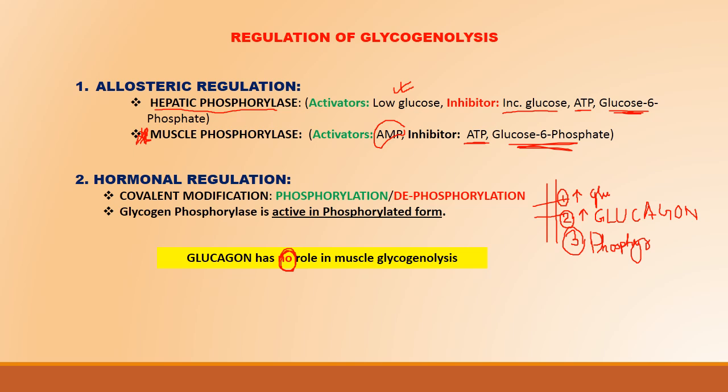Phosphorylation occurs via glucagon. Next is, glycogen phosphorylase is active in the phosphorylated form. So these are the three important features to remember whenever you are going through a metabolic pathway. Now glucagon has no role in muscle glycogenolysis.